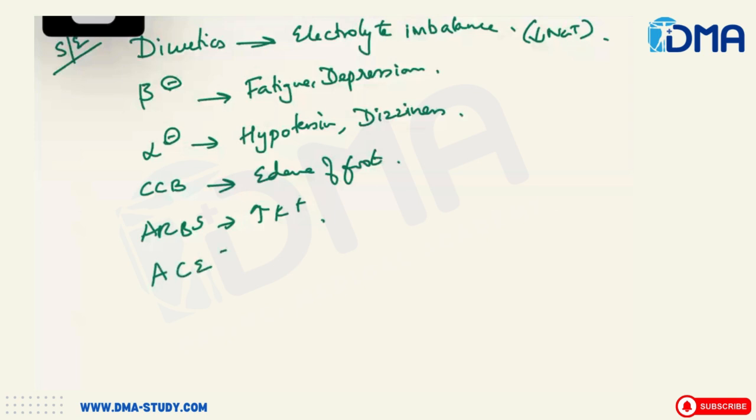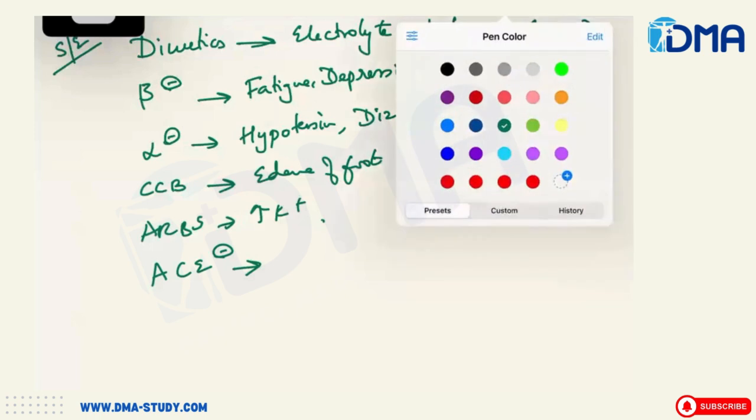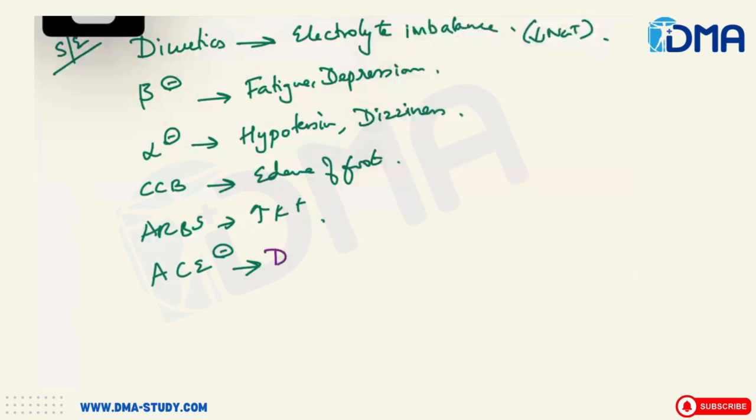Then ACE inhibitors, what do they produce? ACE inhibitors, very important question. They cause dry cough, angioedema, and even increase the potassium in the body.